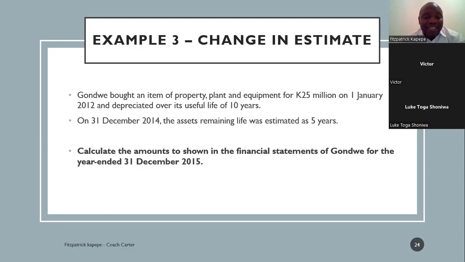Initially, based on the economic lifespan that was computed, it should have gone to about 7 years remaining life, but we had 5 years. So there's a change in estimate. Calculate the amount to be shown in the financial statement of Gondwe for the year ended 31st December 2015. So let's do it.